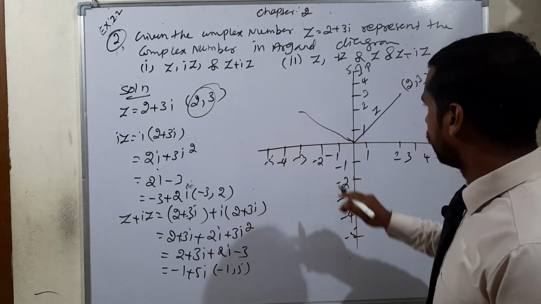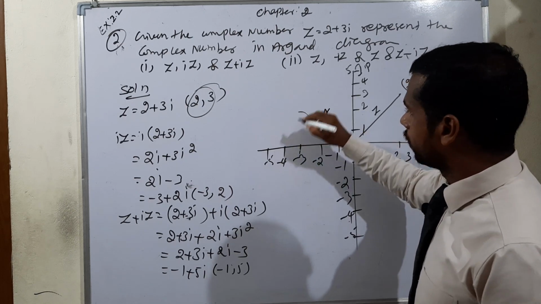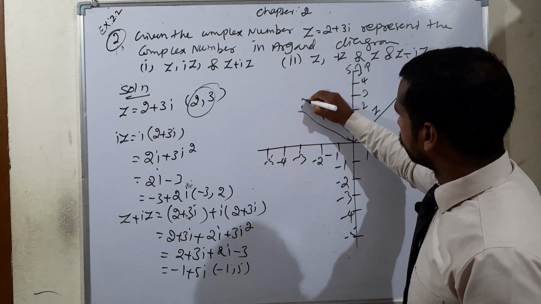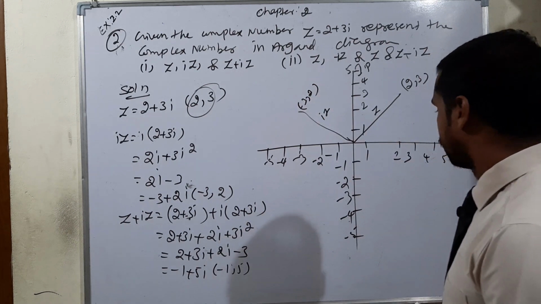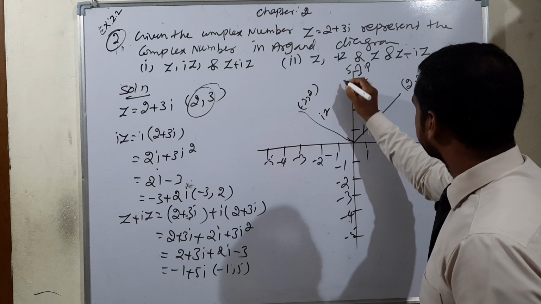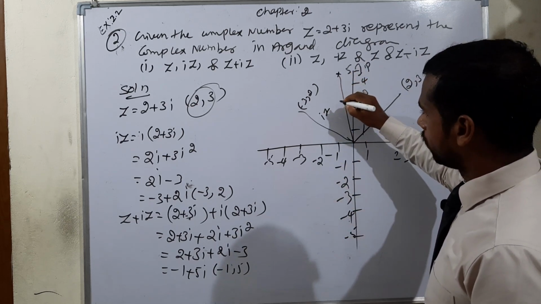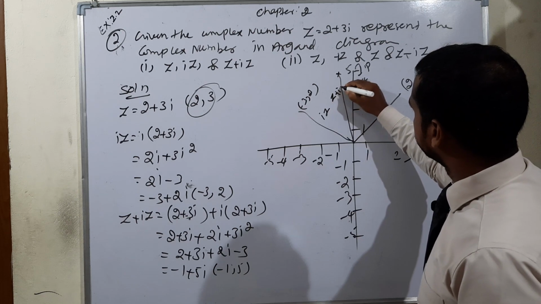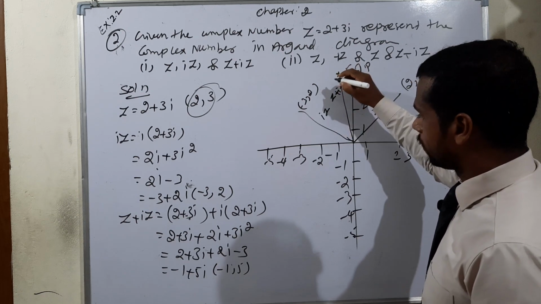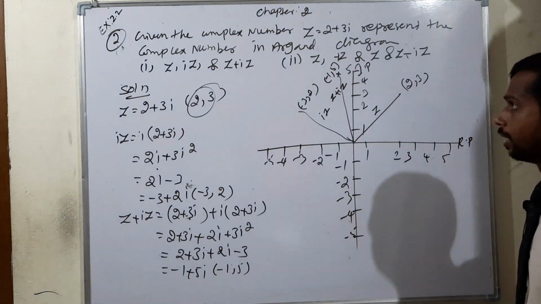So this is iz, the point minus 3, 2. Third point minus 1, 5. X is equal to minus 1, isn't it? So the point will meet here. So this is called z plus iz, which means minus 1, 5. Okay, this is subdivision 1.